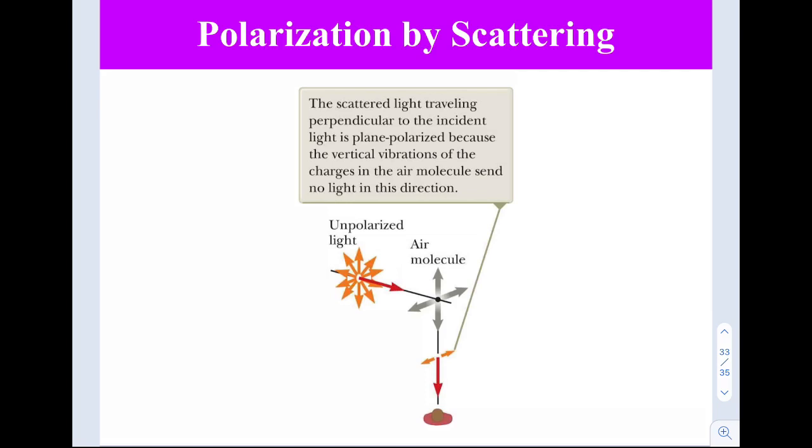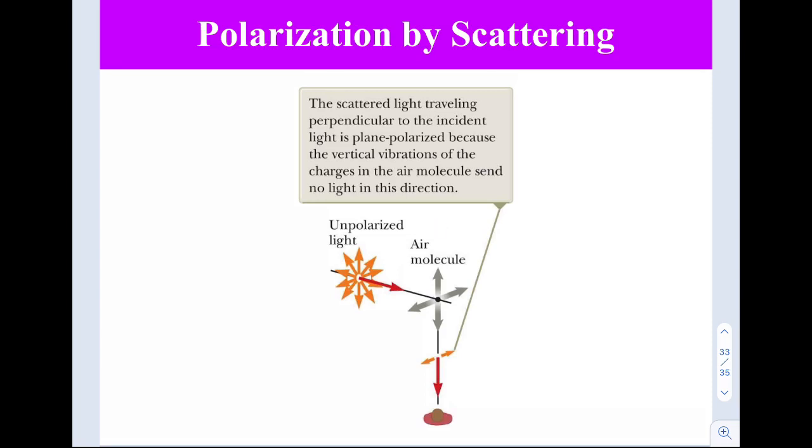When light is incident on any material, the electrons in the material can absorb and re-radiate part of the light. Such absorption and re-radiation of light by electrons in the gas molecules that make up air is what causes sunlight reaching an observer on the earth to be partially polarized.